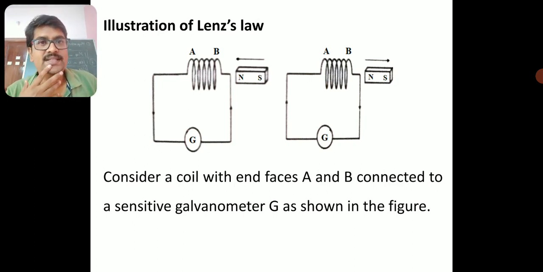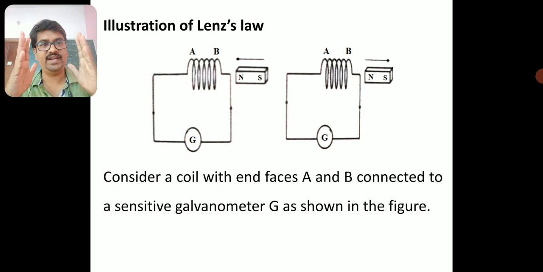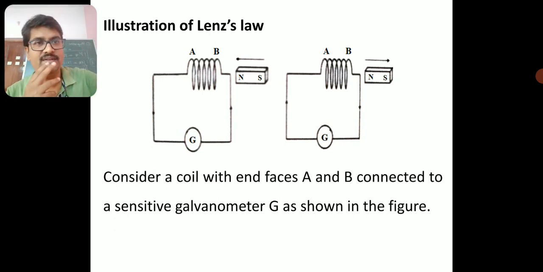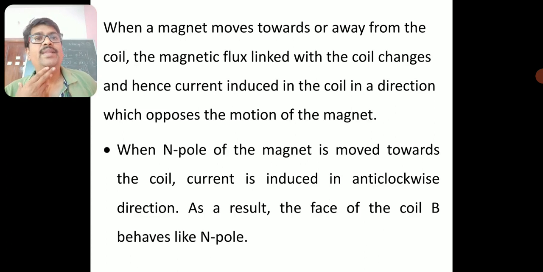Now I can make an illustration with these examples. Consider a coil with end faces A and B connected to a sensitive galvanometer G, as shown in the figure. When the magnet is moved towards or away from the coil, again the flux linked with the coil changes and hence the current is induced in the coil in a direction which opposes the motion of the magnet.